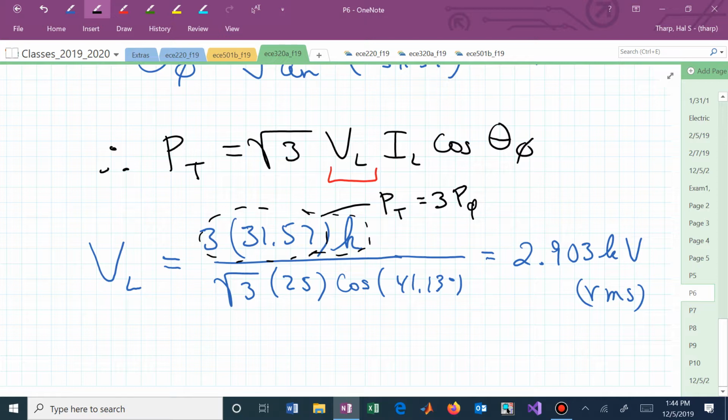Then we knew the transmission line current magnitude, that was 25, and we had to find the reactive piece so that we could find that angle of 41.13 degrees. But once we found all of that, then we could find directly the magnitude of our line voltage, and that is the magnitude of V_ab. It's not the A to neutral voltage. This is the line voltage.